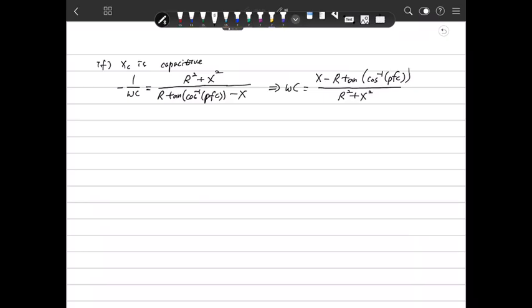So that will be r square plus x square, and r and x over r minus tangent cosine PF's values in this manner.